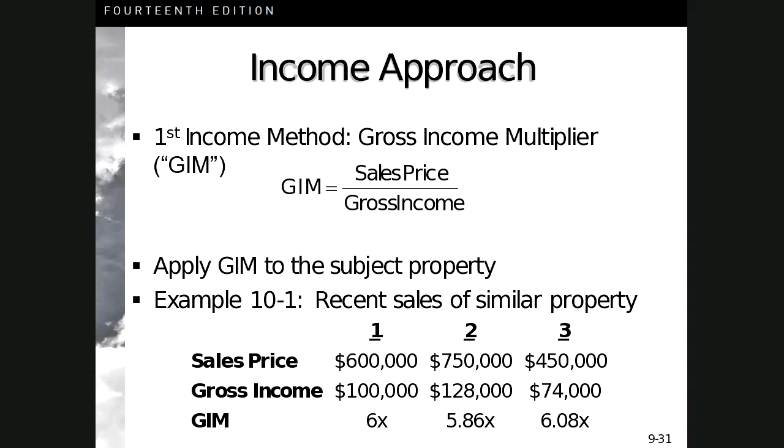Then for the shopping center, we have a similar structure: the base rent plus a bunch of other income minus vacancy and concessions. That will also give us effective gross income.